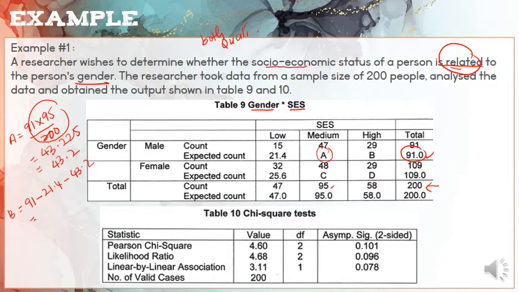So 91 minus 21.4 minus 43.2, you get 26.4. If you still want to use the formula, that is also fine. Row total 91 for B, multiply with this one, 58, the column total, divide by 200. 91 times 58 divided by 200, you get 26.39. We round to 1 decimal place. Okay, so that is how you calculate your expected count.